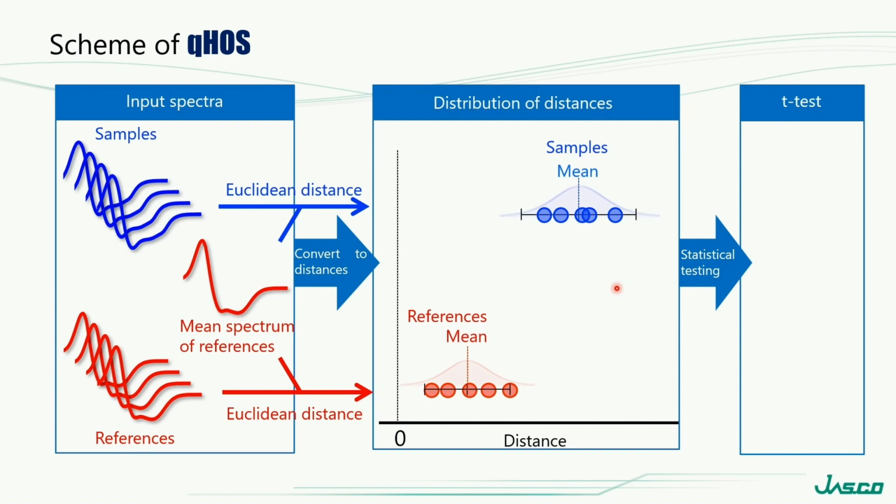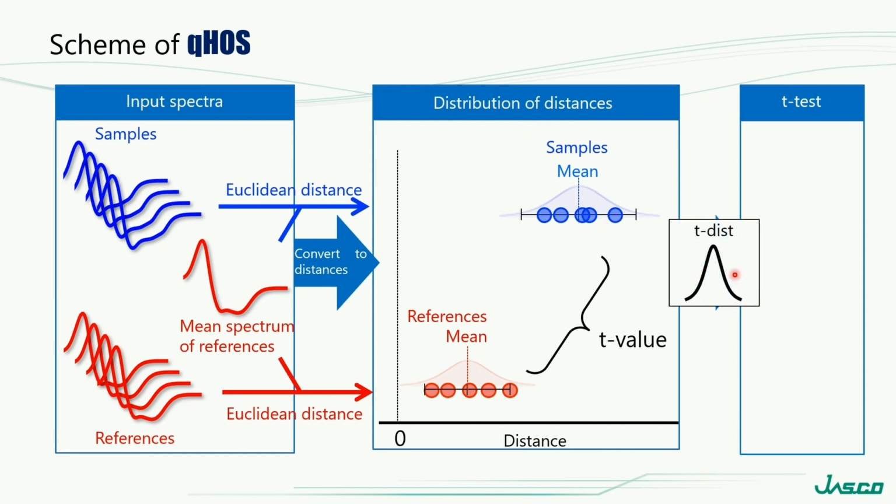Assuming a normal distribution for this, the t-value is calculated from the mean and standard deviation of references and the mean and standard deviation of samples. Then the p-value is calculated from the t-value and t-distribution.